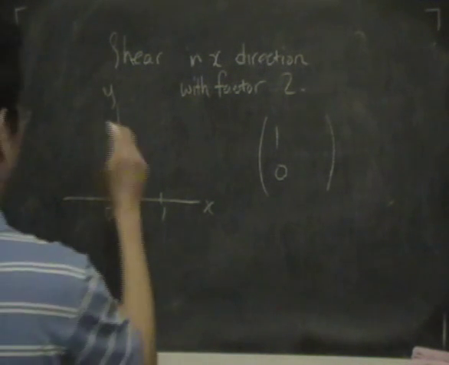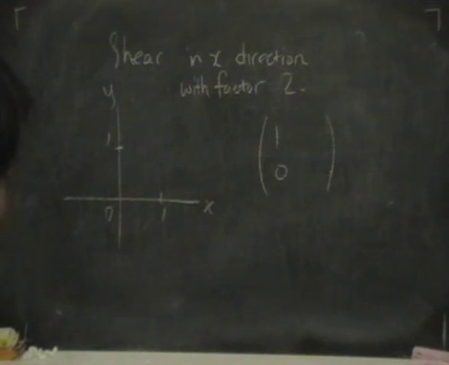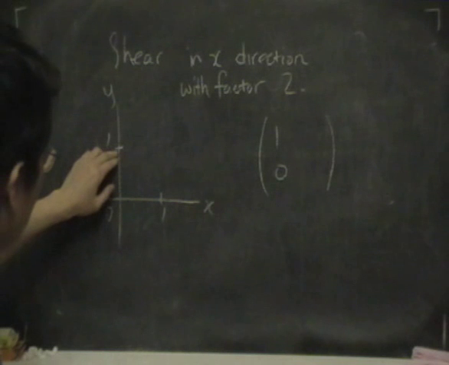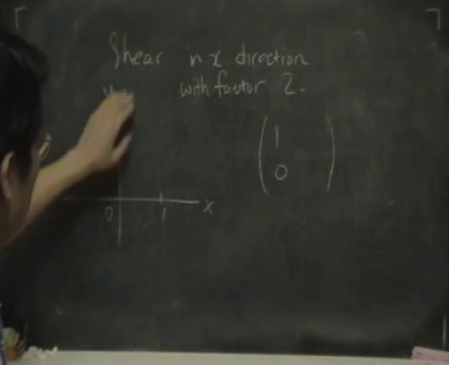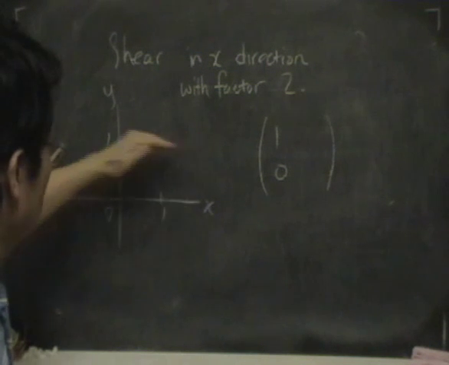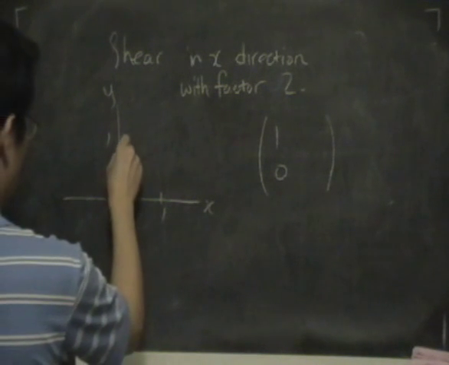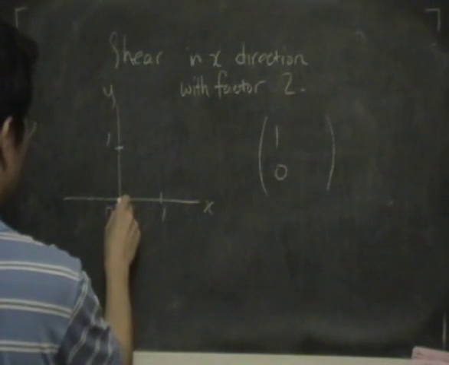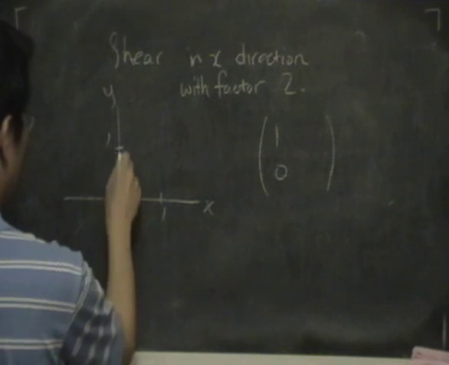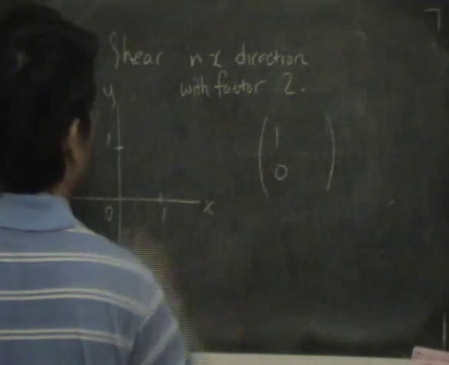Okay, let's look at the other point, 1 on the y-axis. When I do this shear in the x direction, this point would move along the x direction, and the distance is this length, the height above the x-axis, times 2.